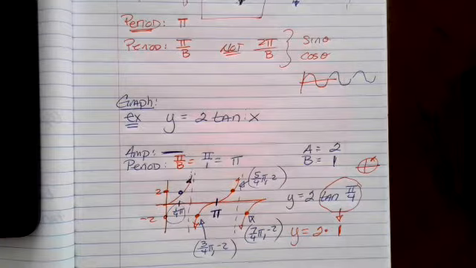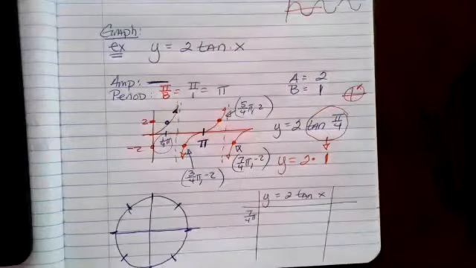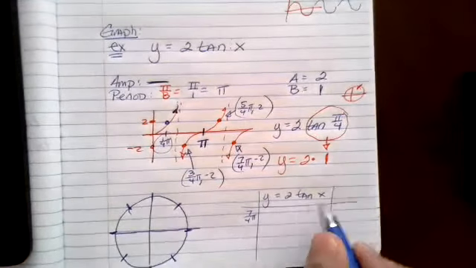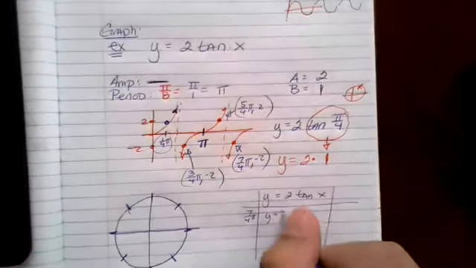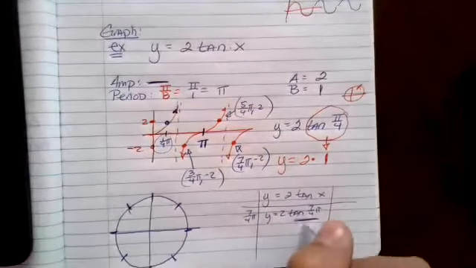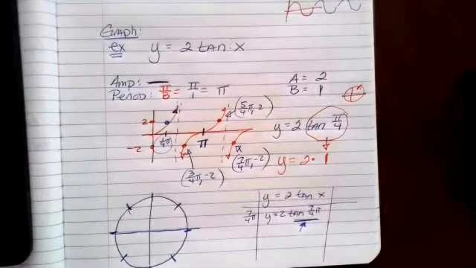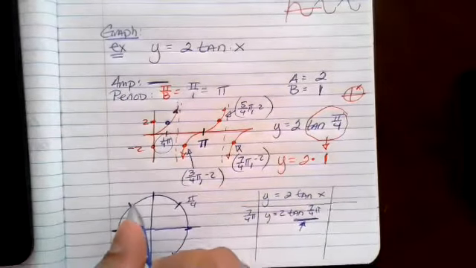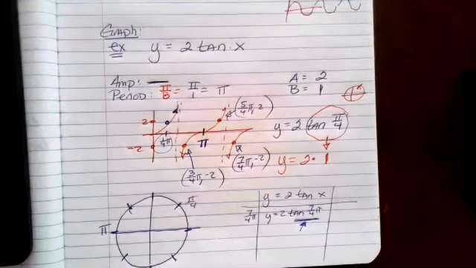just for fun. I'm going to draw a unit circle. So I just want to check some points to make sure this makes sense in this equation. So 7/4 pi, if I put 7/4 pi in here, if I do y equals 2 tan 7/4 pi, well, I want to know what tan of 7/4 pi is. So let's look here. Well, I know this is 1/4 pi, and this is 2/4 pi, and 3/4 pi, and 4/4 pi.